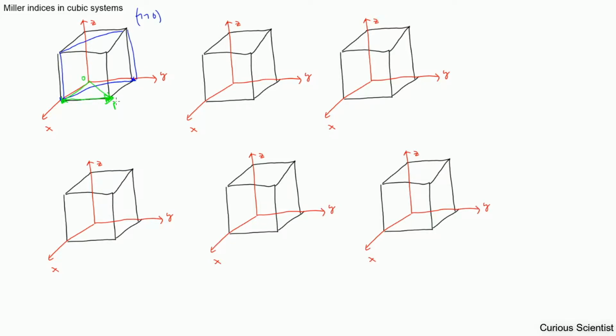So therefore this 1 1 0 vector automatically becomes the normal vector of the plane. But this is only valid for cubic systems.